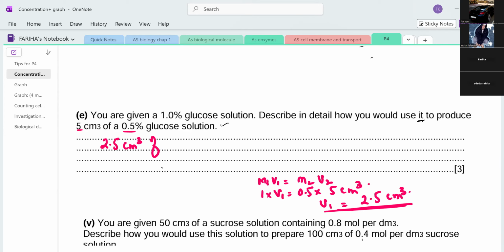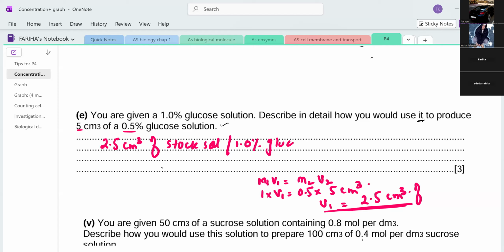V1 is 2.5 cubic centimeter of glucose solution. So stock solution, right? 2.5 cubic centimeter of stock solution, or 1.0% glucose solution.